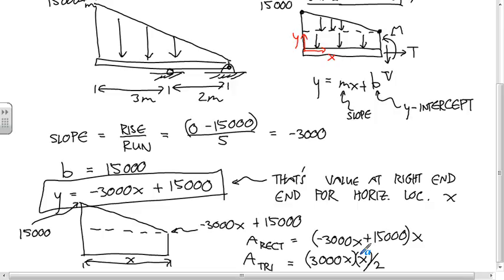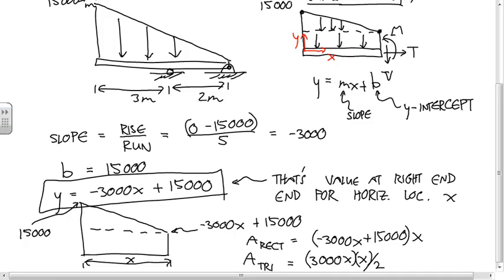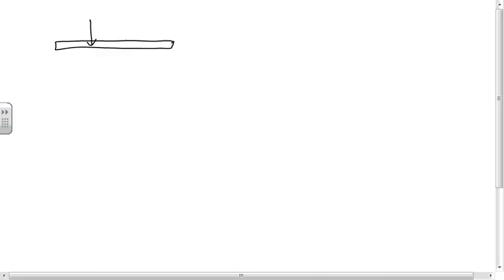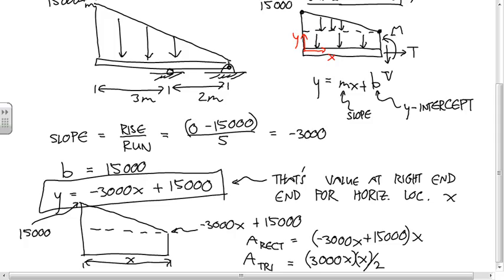And so those are the expressions for the point forces. You're going to have two different point forces. So you'll have a triangular distributed load that comes to, what's that, 1,500 x squared.